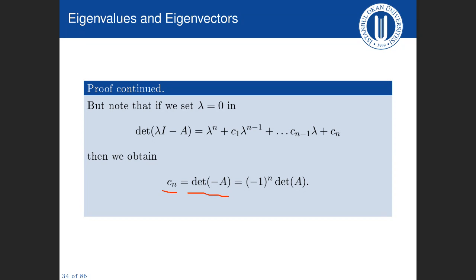And the determinant of minus A is just (-1) to the power n multiplied by the determinant of A. So straight away we can see the determinant of A is not equal to 0 if and only if Cn is not equal to 0. So A is invertible if and only if Cn is not equal to 0. A is invertible if and only if 0 is not an eigenvalue of the matrix. That's an important idea.